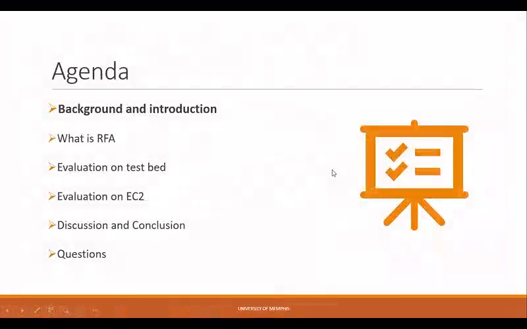Our agenda will be as follows. I'll give some introduction and background about this kind of attacks in general, and then I'll get into what RFA actually is. Then we'll discuss their evaluation on their test bed and also on Amazon AWS EC2. Then we'll talk about discussion and conclusion.